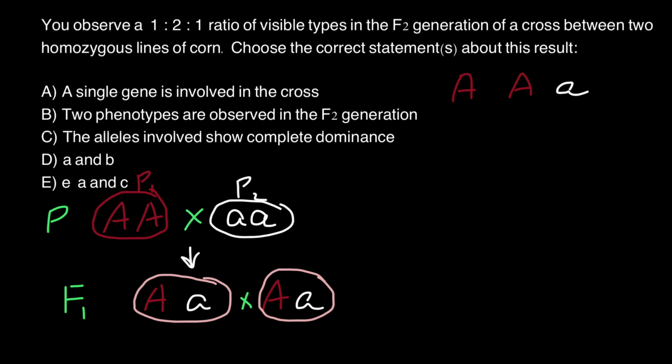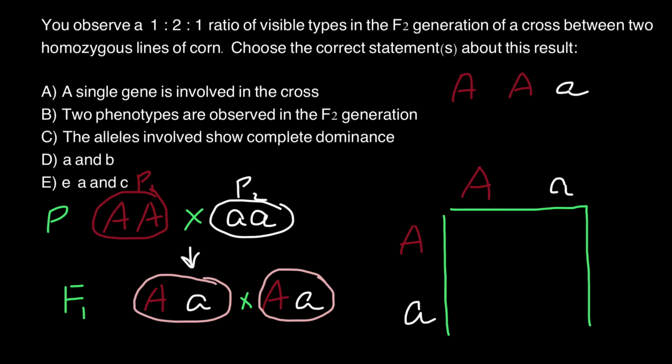They are going to be of the same genotype and of course the same phenotype. Now let's build a simple Punnett square. The genotype of one parent goes here on the top and the genotype of another parent here on the side. Let's take a look at what's going to happen in the next generation, which is the F2 generation.